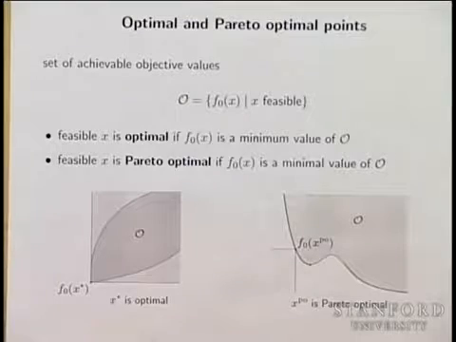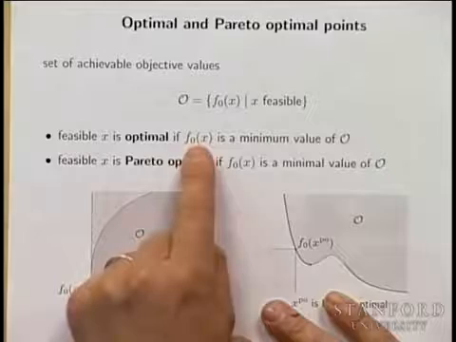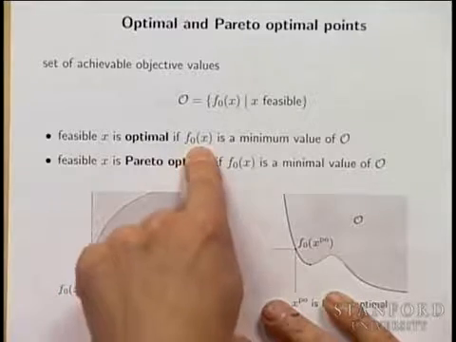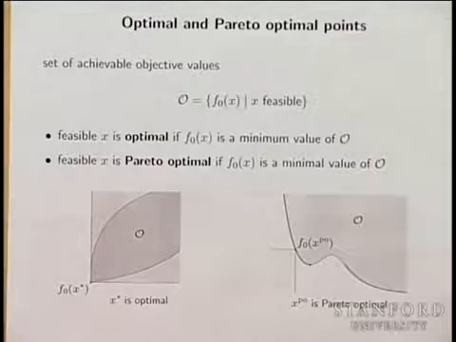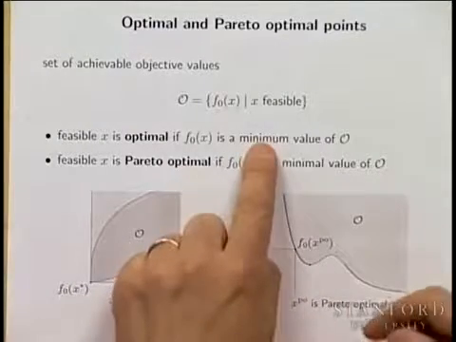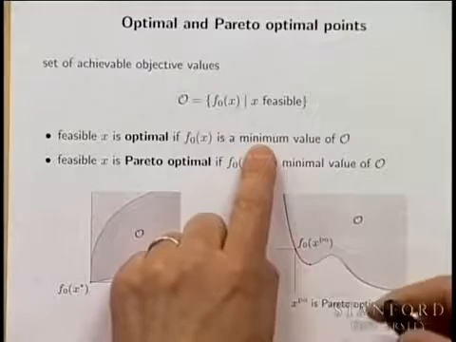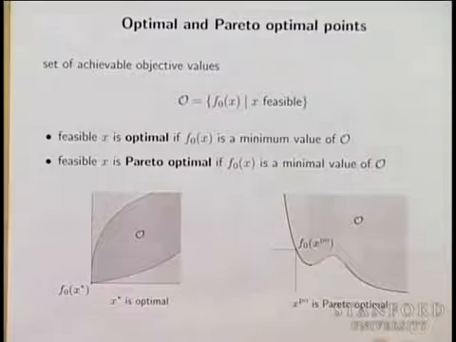And now you say the following. It's very simple. You say that a point is optimal if that achieved objective value is minimum in O. You say it's Pareto optimal. Sorry, I said minimal. I meant to say minimum. It's Pareto optimal if it's a minimal value.